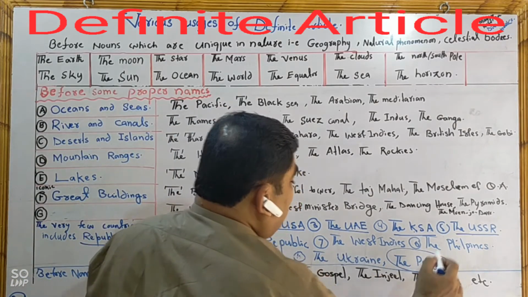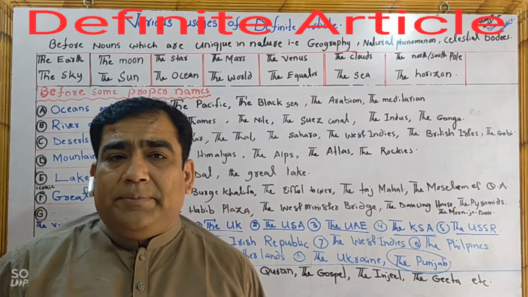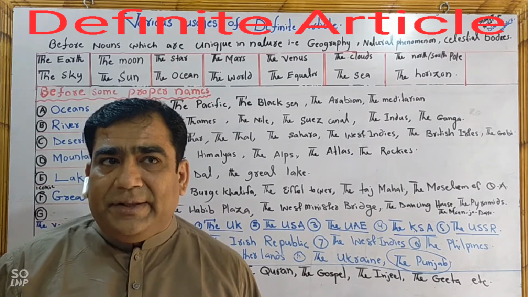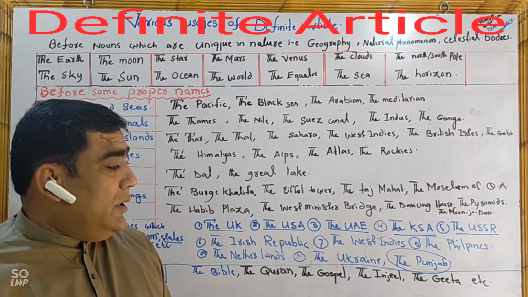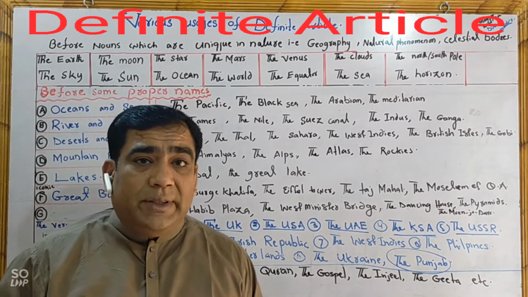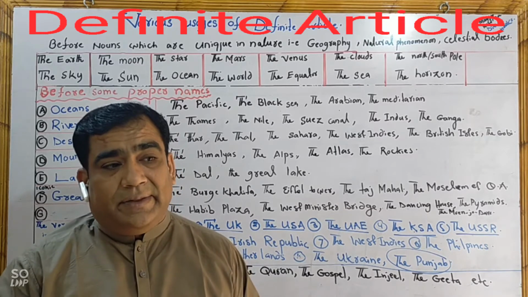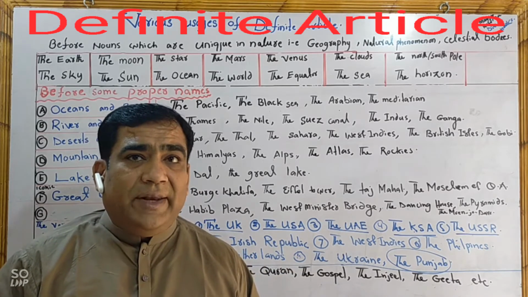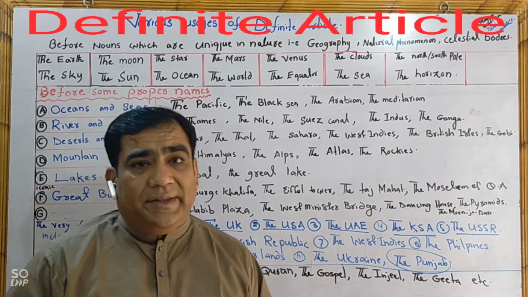As I have told you, we will not put a definite article with names of provinces, countries, cities, but in our local book it is written that we will put the with Punjab because of 5 rivers. Otherwise, in international books it is not mentioned, whenever you have a district or province or county.